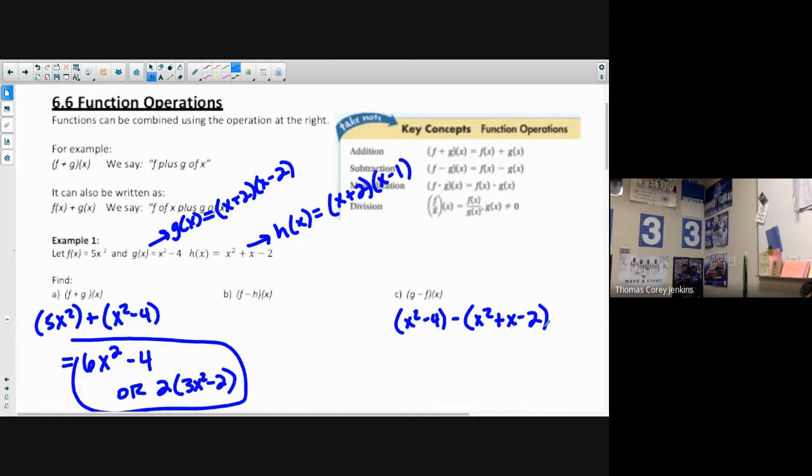All right, so what is important to remember when you're subtracting multiple terms is you just want to distribute that negative through, right? So you don't necessarily have to write it out, but in your mind, what you need to see here is negative x squared minus x and plus 2 when you're combining your like terms. At that point, we are just combining like terms. So x squared minus x squared, those cancel each other out. So our lead term here would be negative x. And then we have negative 4 and positive 2 make negative 2. So negative x minus 2, generally speaking.